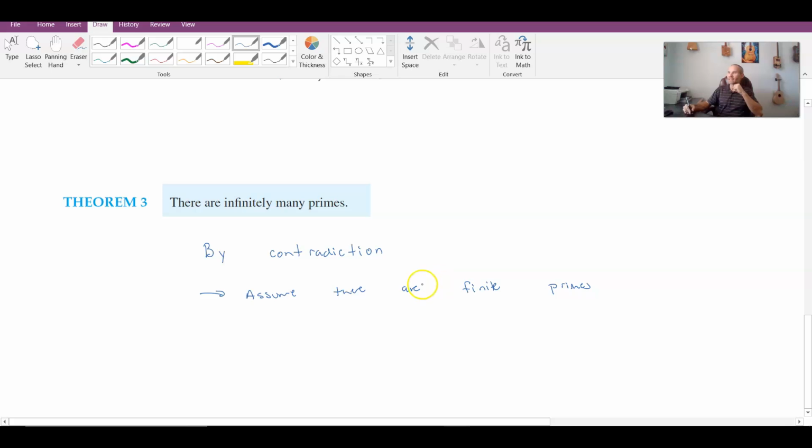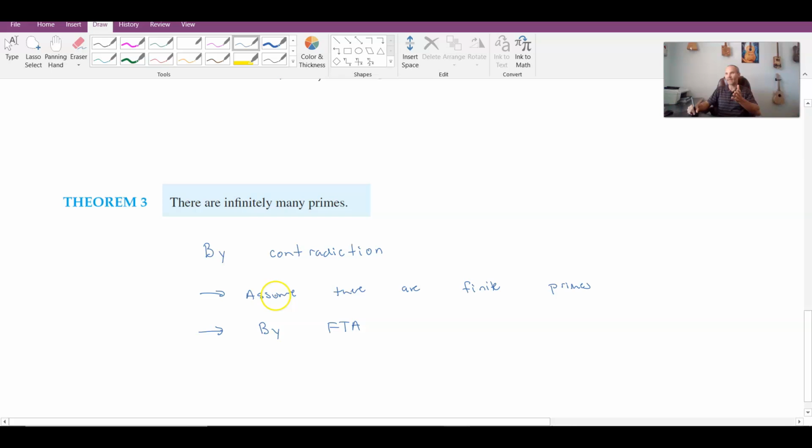Okay, well, what that means then, by the fundamental theorem of arithmetic, and what we're going to establish here is that one of these two statements has to be true. There are a finite number of primes, or there are infinitely many primes. They can't both be true statements. It's a binary situation. So if we can show that it's not possible for there to be a finite number of primes, then we've eliminated this and we can say there are infinitely many.